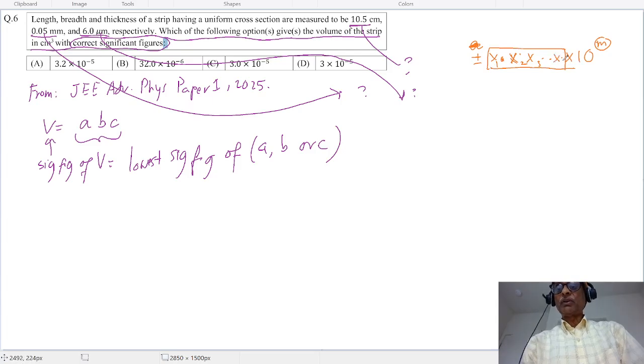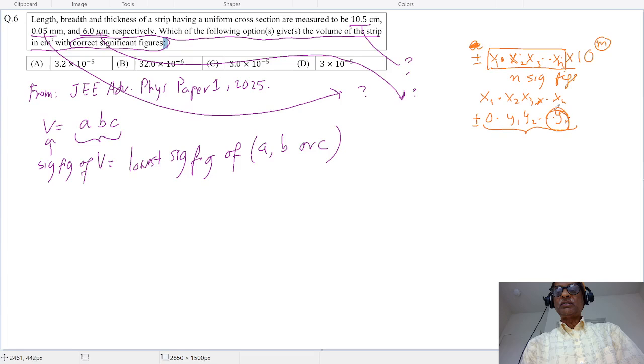So suppose I get to xn, so this will be n sig figs. All it means is if the thing was measured, then you had x1 dot x2 x3 all the way to xn digits, plus minus an uncertainty in the same place, y1 y2 all the way to yn, times 10 to the power m.